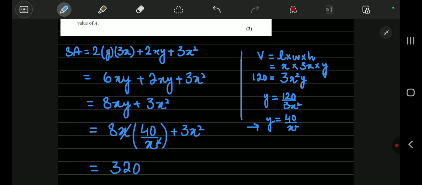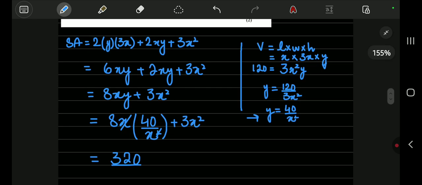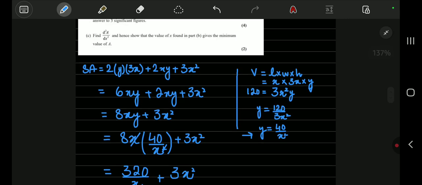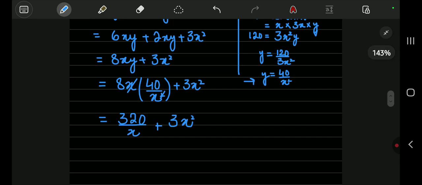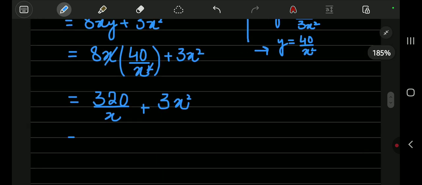One x will be cancelled, 320 over x plus 3x square. Okay, this is your formula for the surface area, and this is the same form, px square plus q over x. So if you rewrite this in the given form, it will be 3x square plus 320 over x.